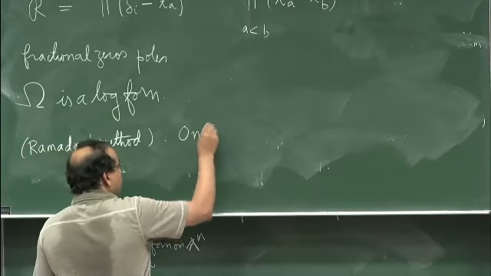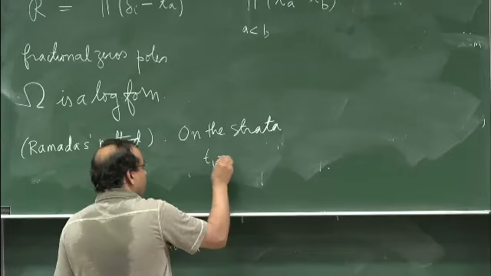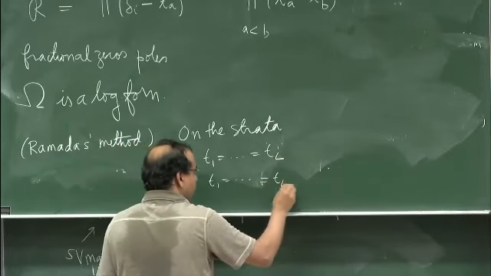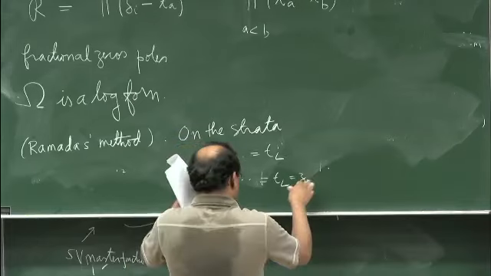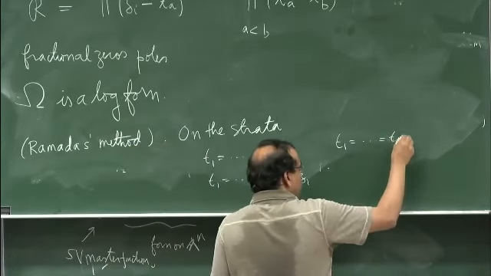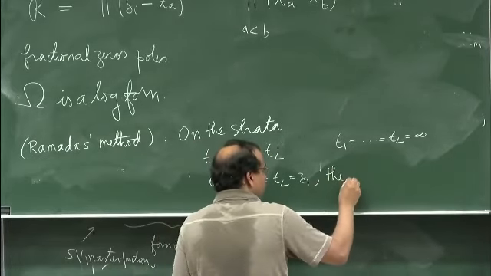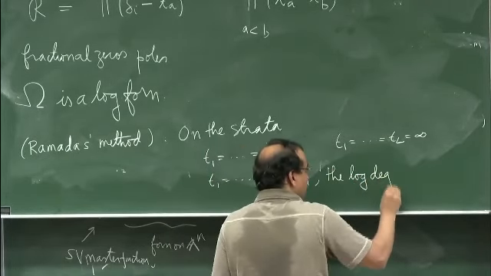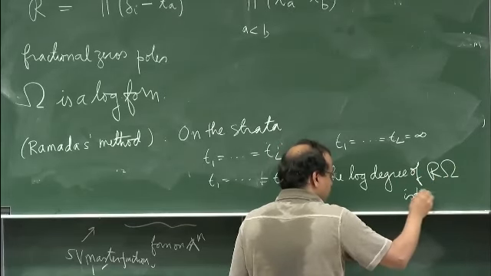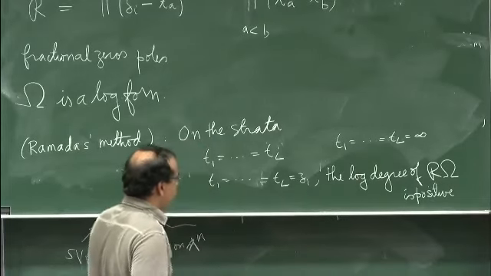So on the strata t_1 equals t_l, or t_1 through t_l, various points come together, equal to z_1, or any of the z's, or t_1 equals t_l equals infinity, the logarithmic degree of R omega is positive. This is what one needs to show so that it extends to the compactification. These are the essential strata.